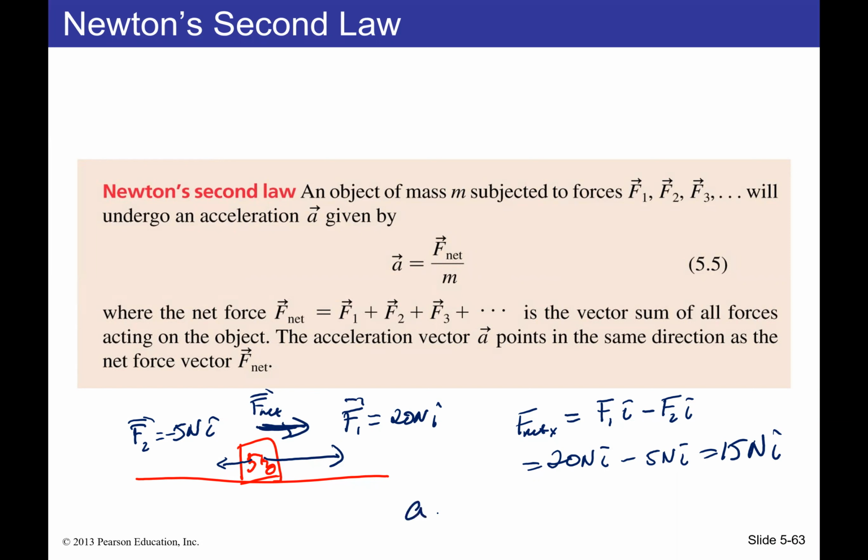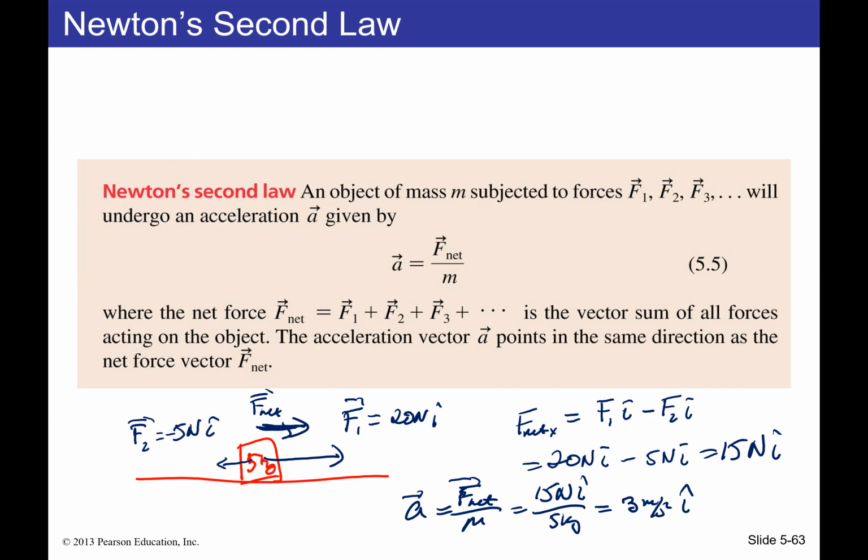Then what is the acceleration? It's F net divided by mass: 15 newtons i hat divided by 5 kilograms, which gives 3 meters per second squared i hat. You can see it has the same direction as the force, but its magnitude is F net over the mass. So to find acceleration, you first find the net force if there are multiple forces, then divide by the mass of the object.